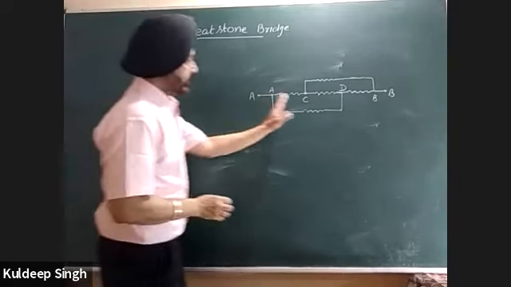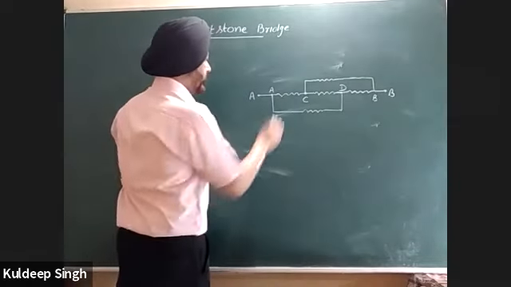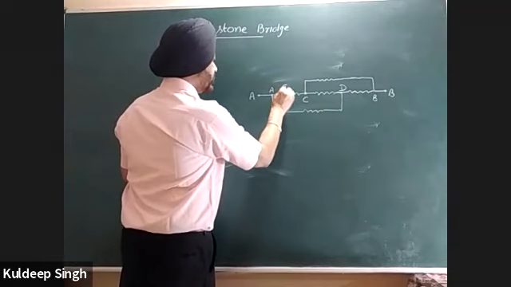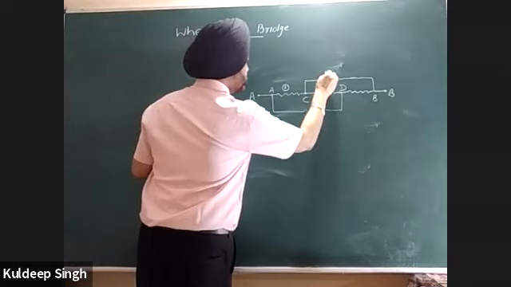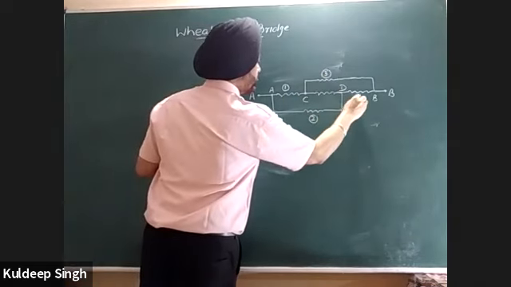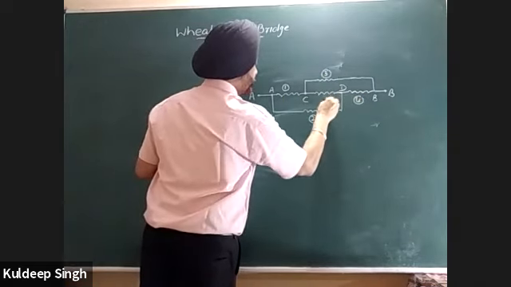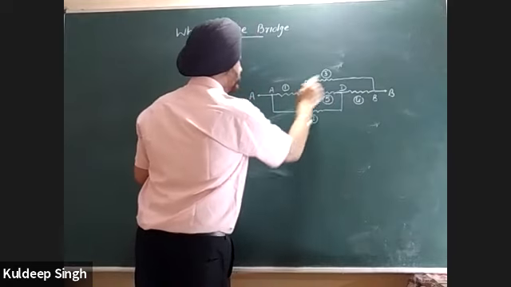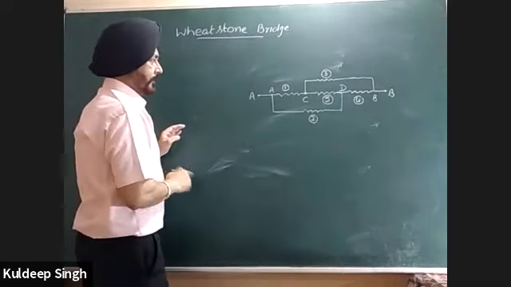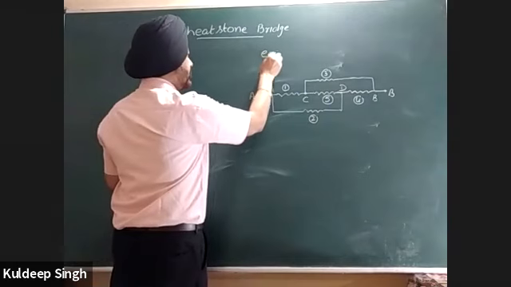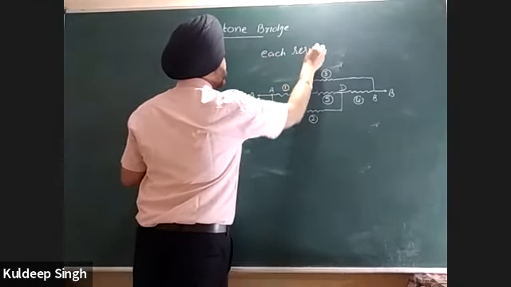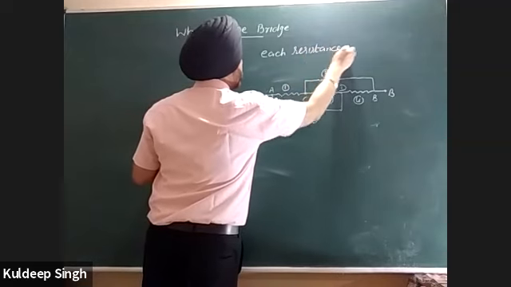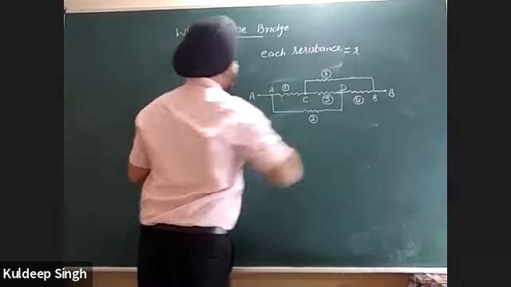When you have this kind of circuit, then mark numbers on these resistances. So this is the number, not the resistance. Here we can see each resistance is equal to small r.